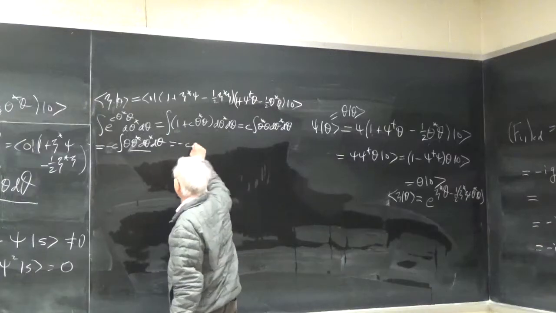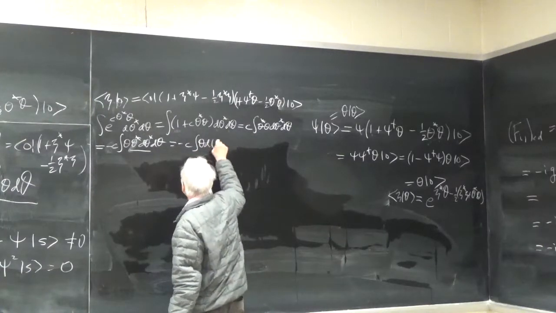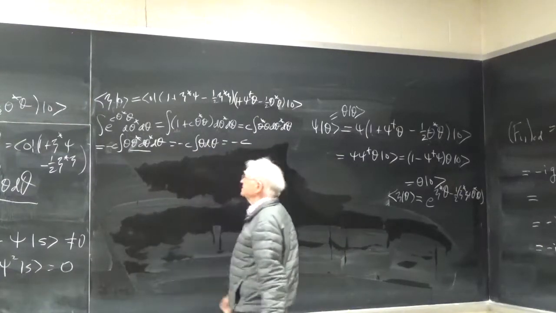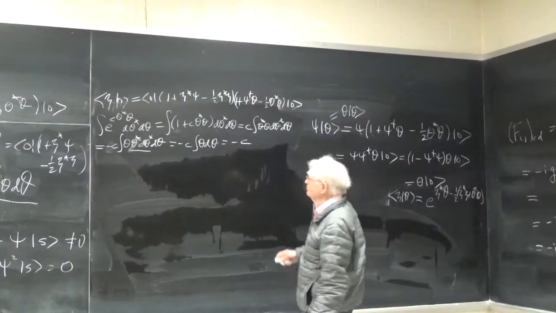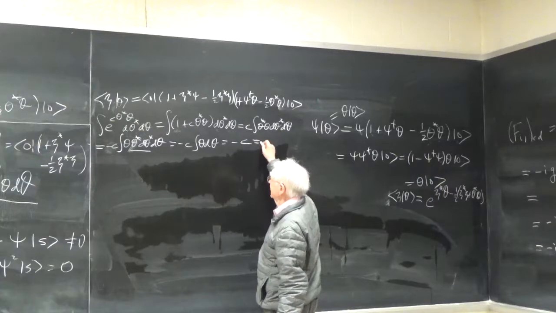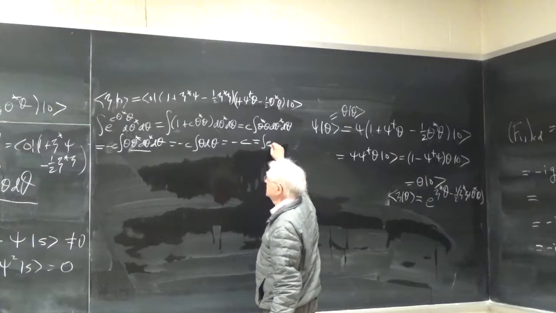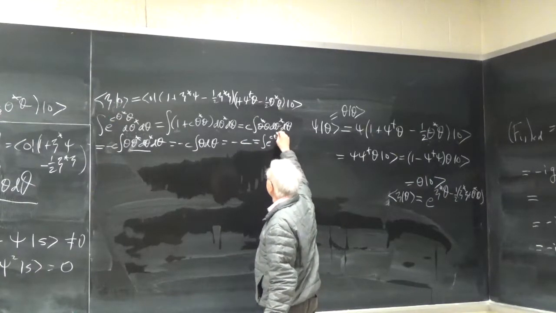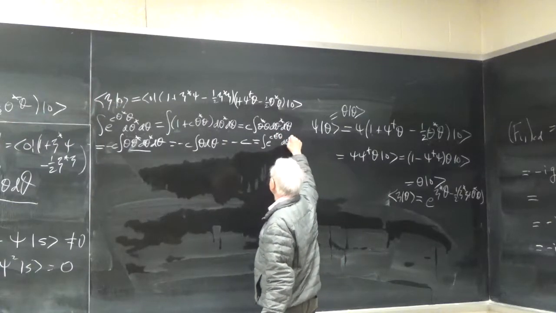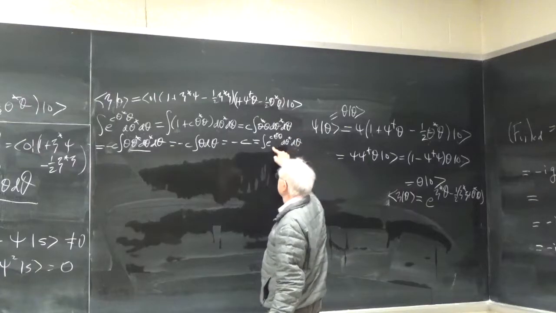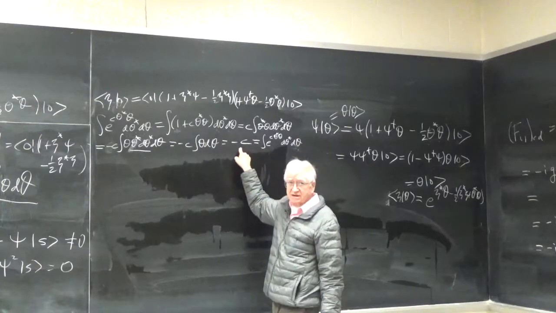And so this is minus c integral theta d theta, and so that's minus c. So the whole business is that the Gaussian integral e to the c theta star theta, d theta star, d theta is just minus c.